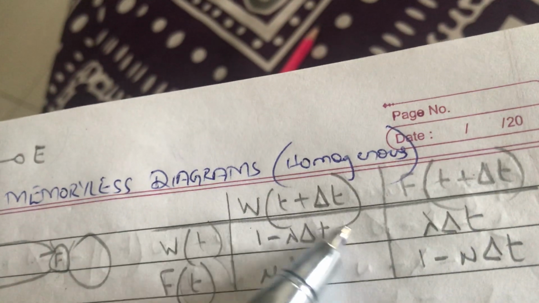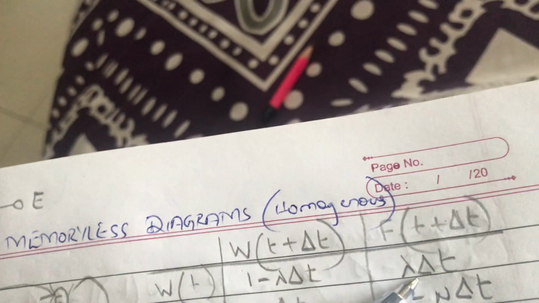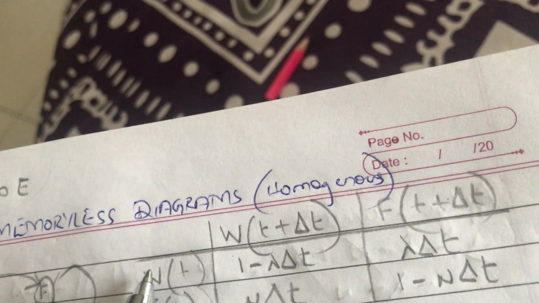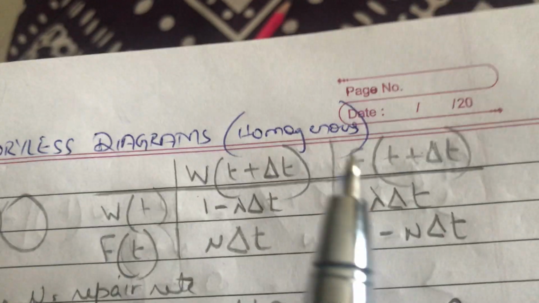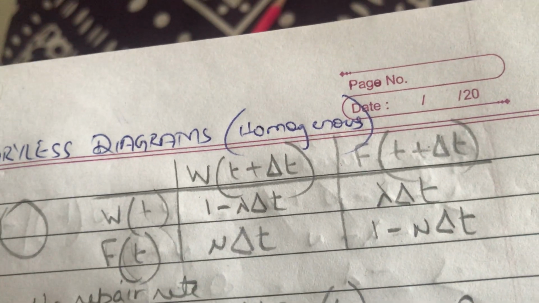So that is when we were in the working condition, and when the item has completely failed. Now we have talked about the working condition and the working to failed condition. Now we move towards the repairing condition, since we know the item has failed.